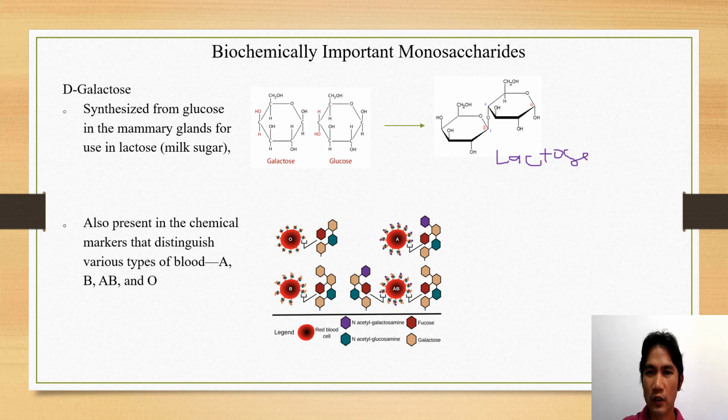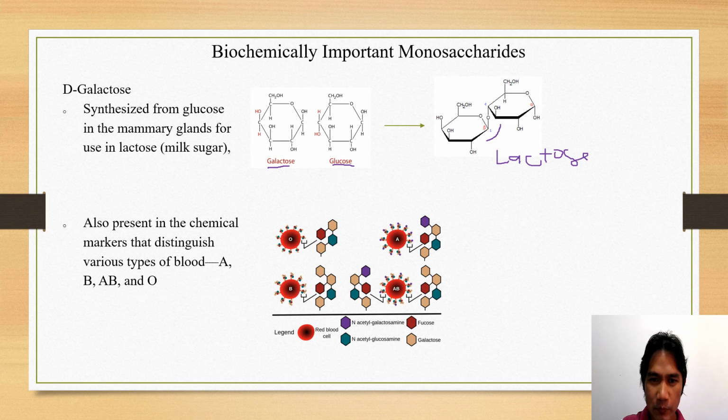Lactose is a combination of galactose and glucose, connected by a bond. Galactose is also present in the chemical markers that distinguish various types of blood, the A, B, and O.